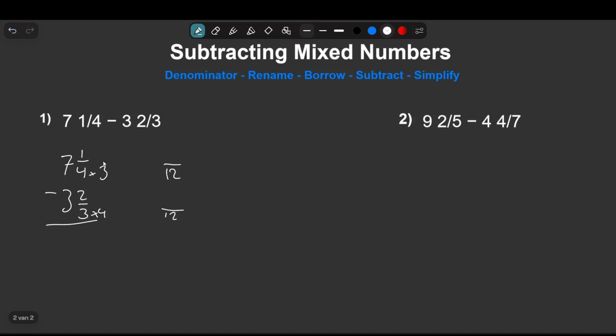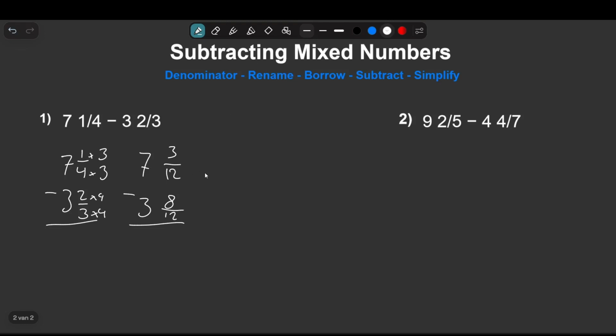If we multiplied by 3, we also have to multiply the numerator by 3. So we're going to do 1 times 3 equals 3, and 2 times 4 equals 8. So we're going to get this. And now we can write up the whole numbers, like this. Now we did our rename step.